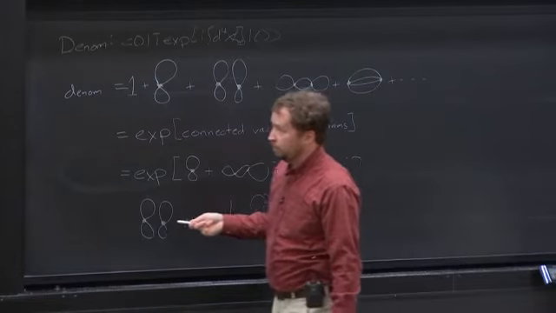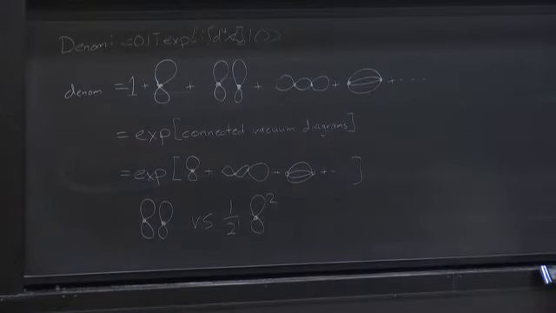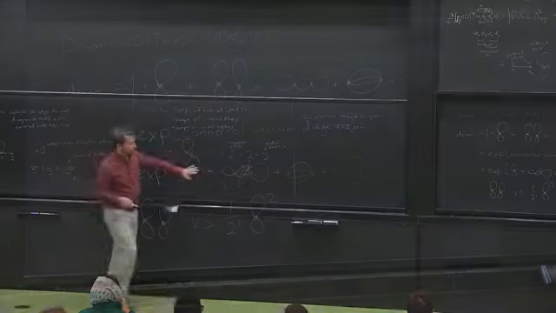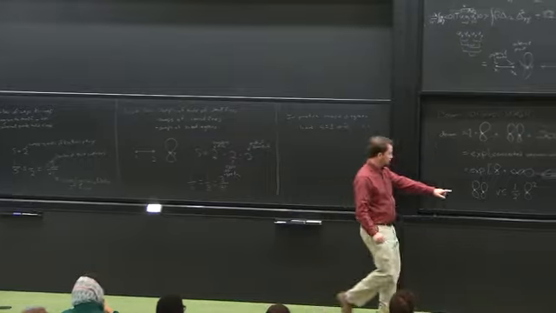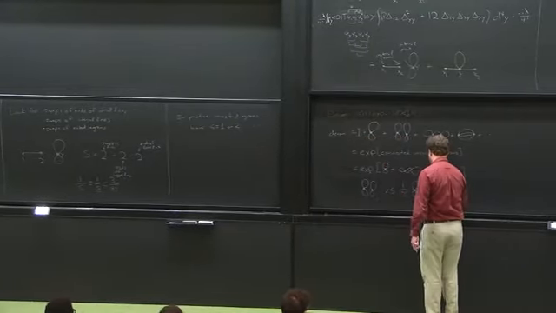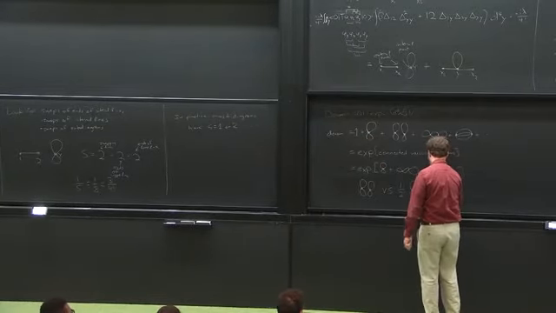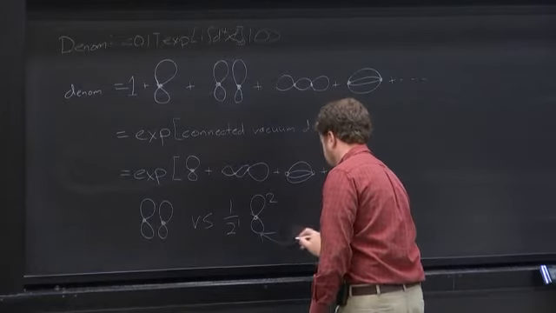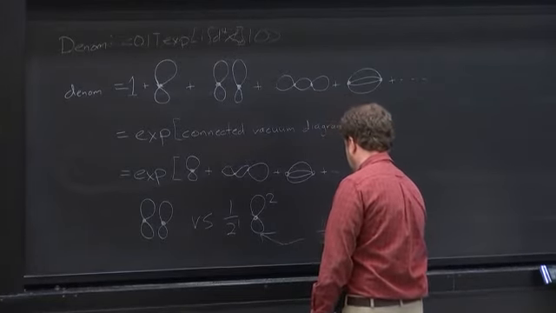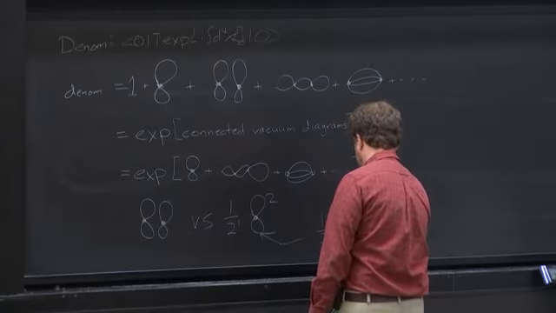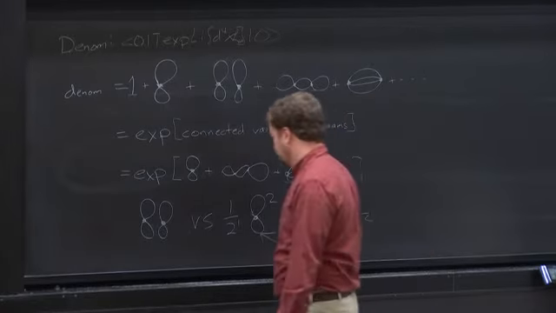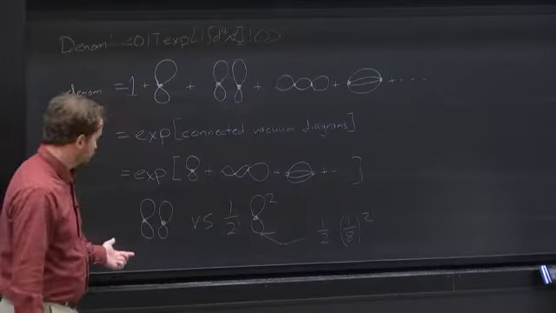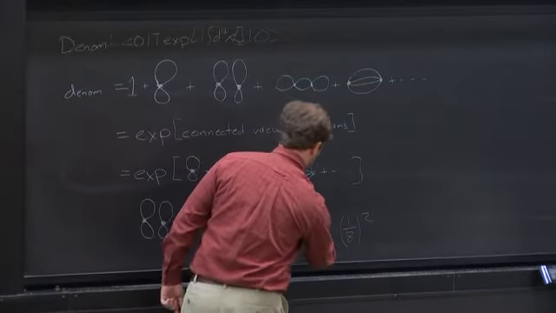The symmetry factor of this diagram is the same as the symmetry factor of this diagram. This part didn't contribute at all. The symmetry factor here is 1 over 8.